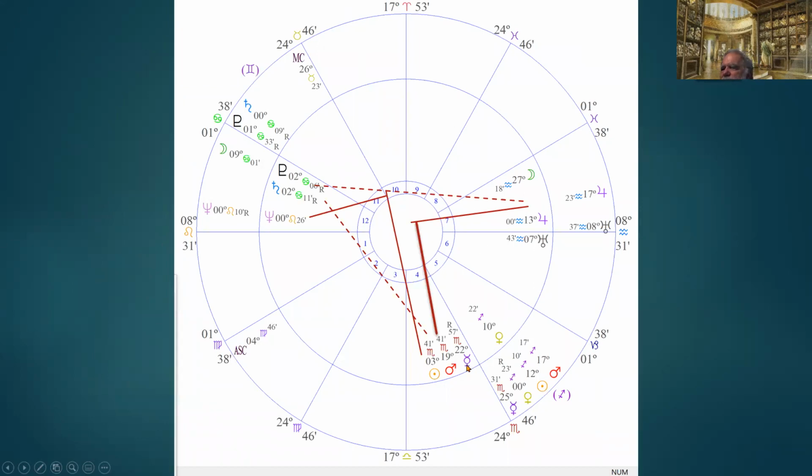But we're looking here at Mercury. Mercury rules the brain function, and here Mercury is conjunct Mars. So Mercury conjunct Mars is infection and inflammation in the lung, and this could also be inflammation in the brain.